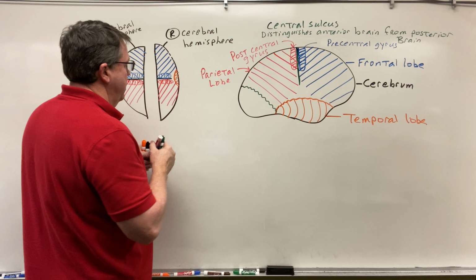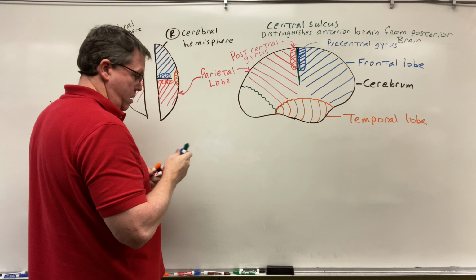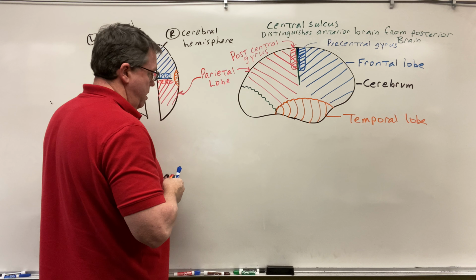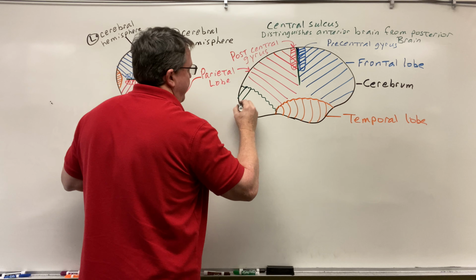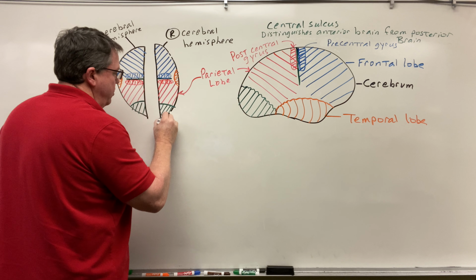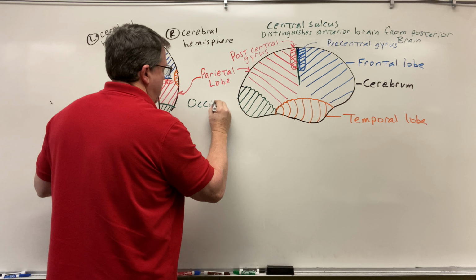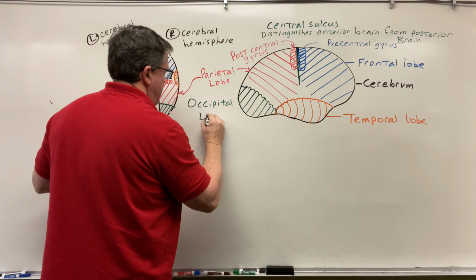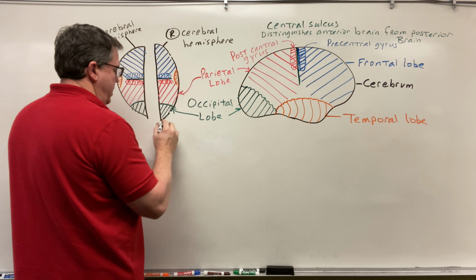So just real quick, I'm going to go like this to show my parietal lobe, and then this right here is the occipital lobe, and I would have it back in here if we were looking from the top down. This is the part that you see with, is the occipital lobe. Okay, so once again, it's right there, and it's right over in here.